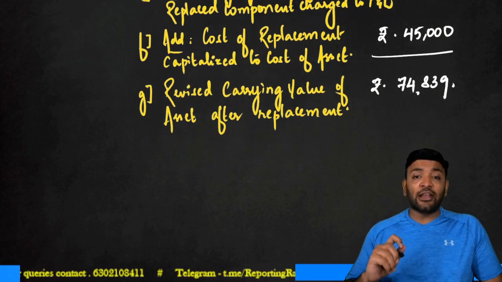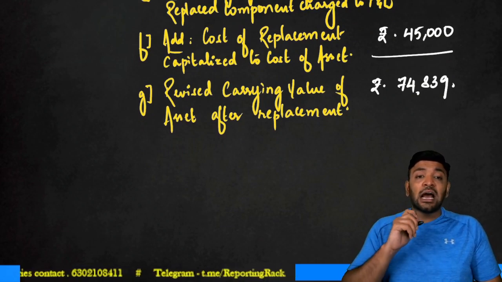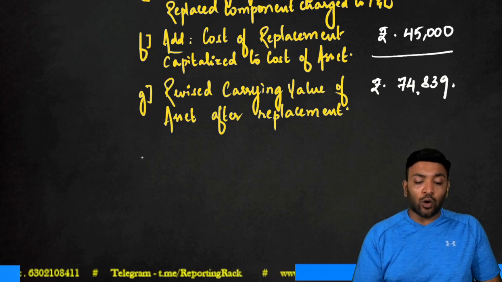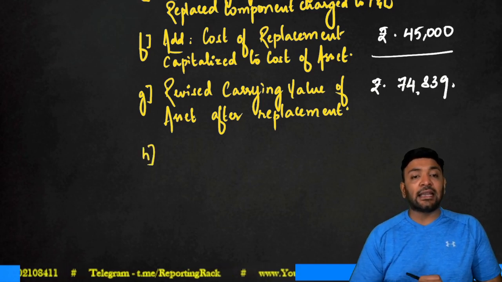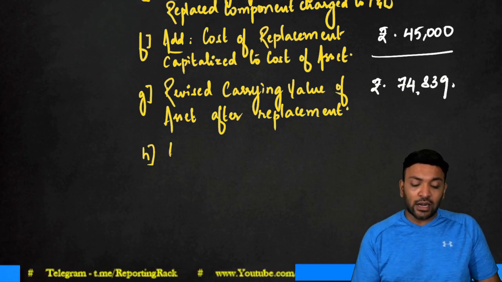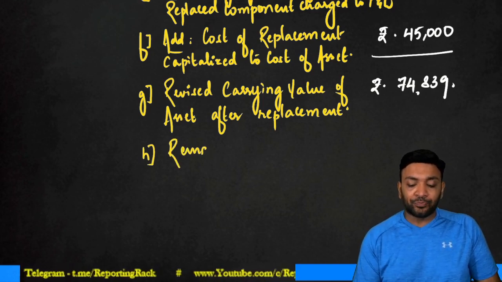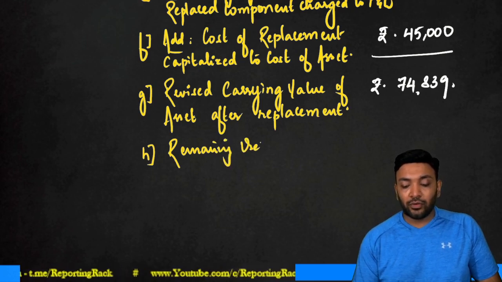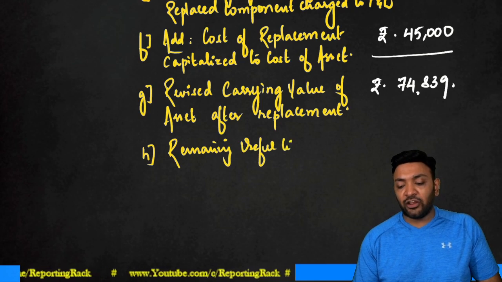Now, this revised carrying value has to be depreciated over the remaining useful life of the asset. What is the total useful life of the asset? 10 years. When did the replacement happen? At the end of the 6th year. What is the remaining useful life? 4 years.